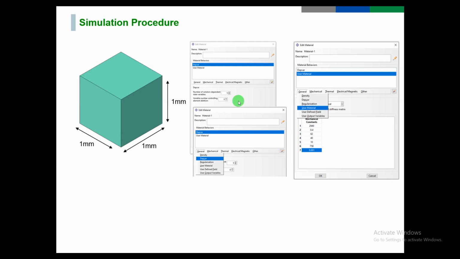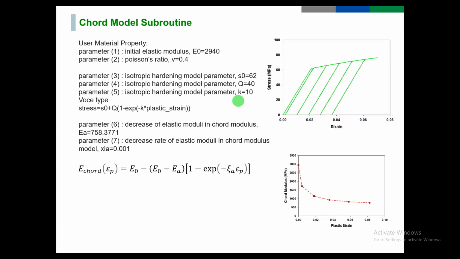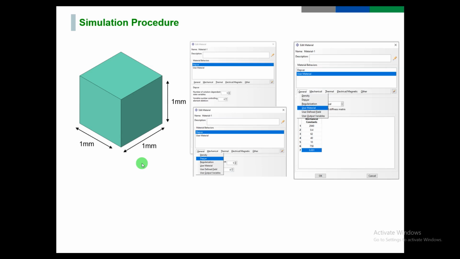So as I explained in the last slide, you need to define your material property as a depvar. So it's necessary to go to the general tab, click depvar, and define your number of solution-dependent variables.